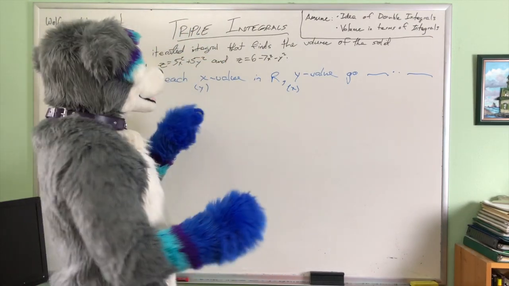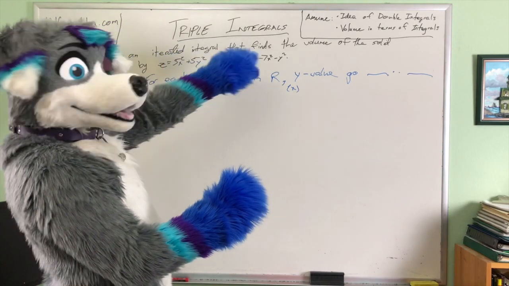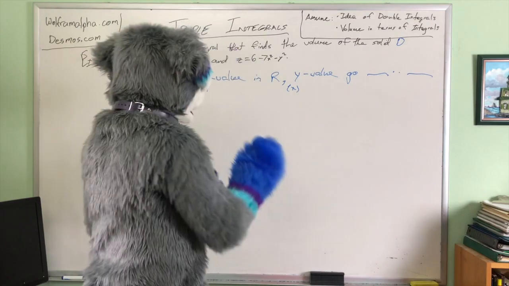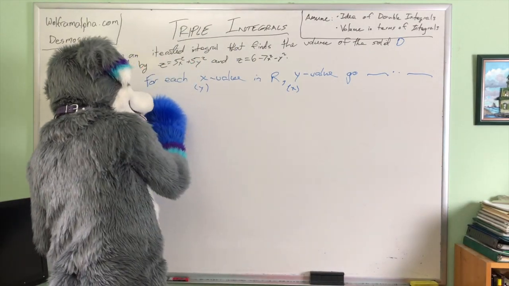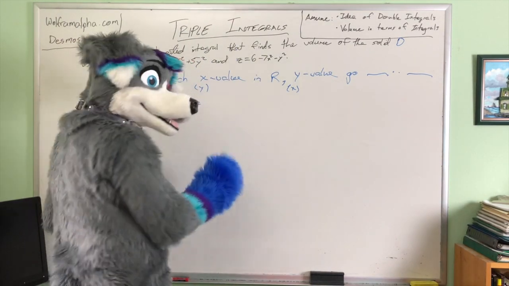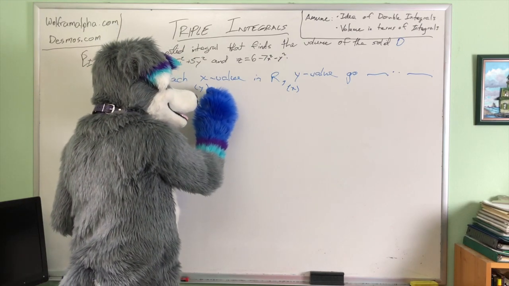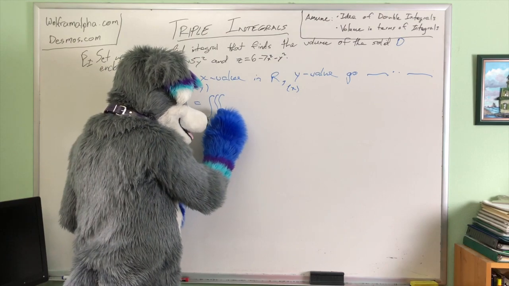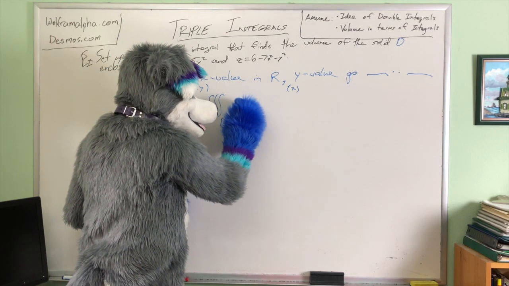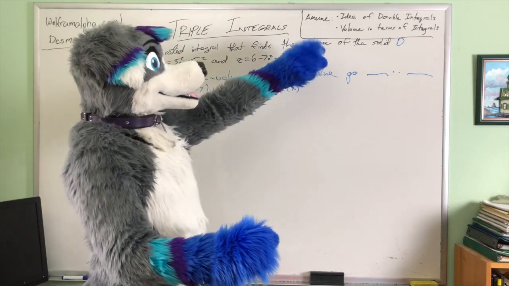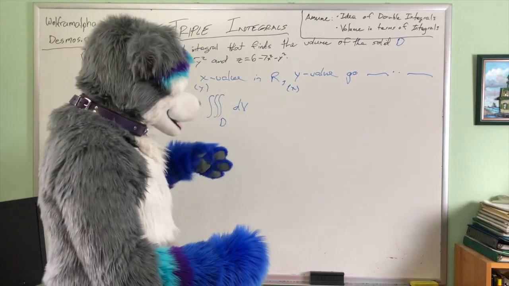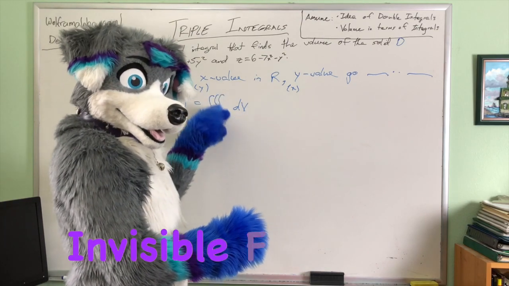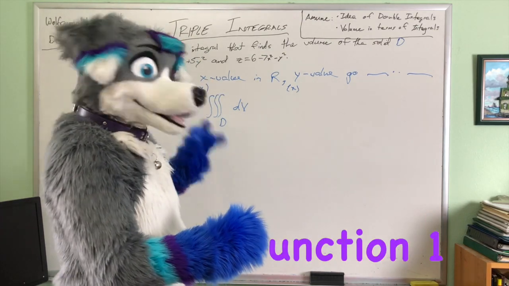So the volume, let's call this region, the solid, D. The volume of D is the triple integral over D dV. I'm assuming you know the volume of the thing is a triple integral dV. There's an invisible function 1 in here, the integrand.